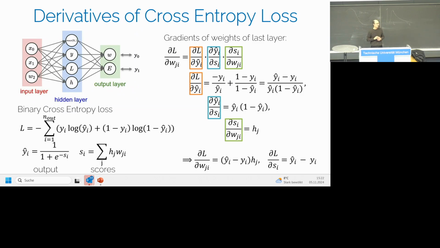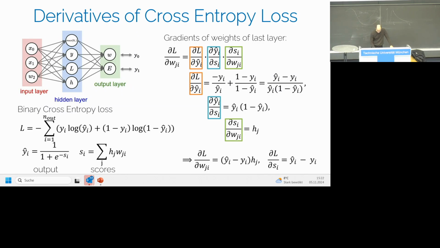And sometimes, once you've done all these computations, it helps to look at the output and see, does that make sense? Is that reasonable? I always recommend doing that if you can, because that allows you to debug whether you've done things right. Here, for example, the update in the weights depends on whether the prediction is larger than what it should be or smaller than it should be.